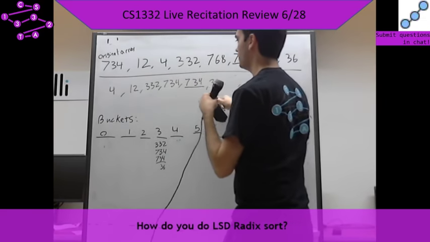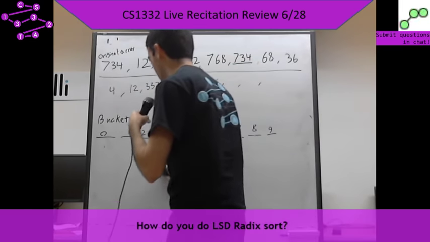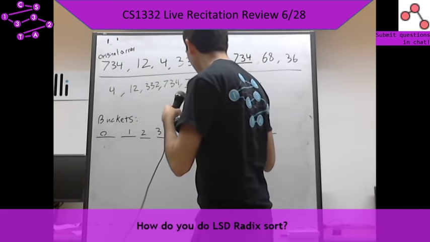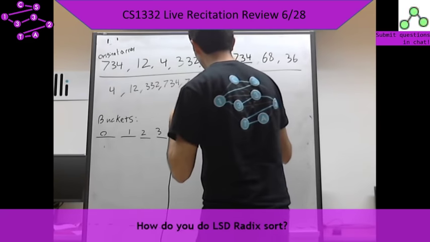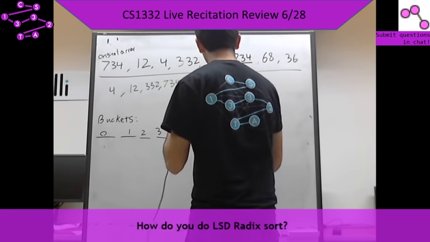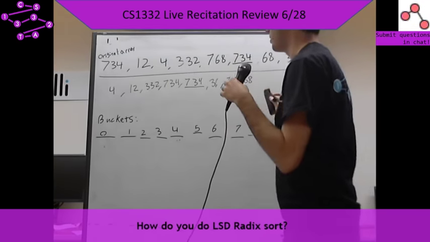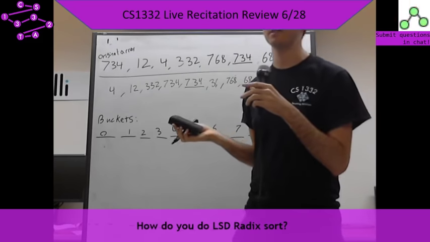So here with all of these numbers, we have 2, 4, and then 6 as our ones digits. Nothing on 5, so we go to our 6 bucket, empty 768, then 68, and nothing on 7, 8, or 9. So we've now completed our second iteration of LSD radix sort.